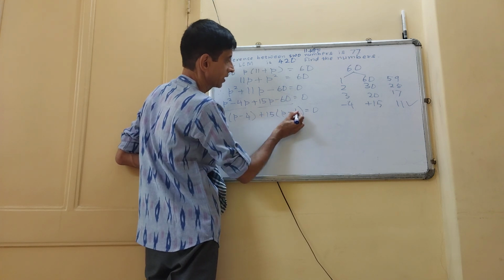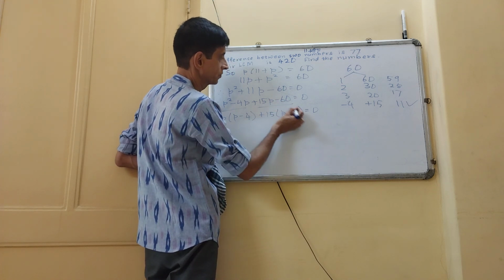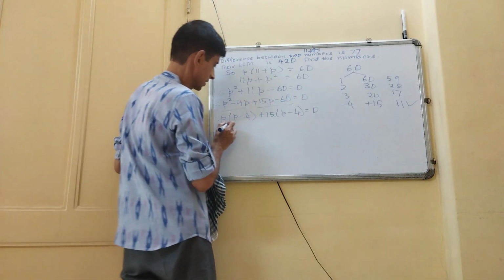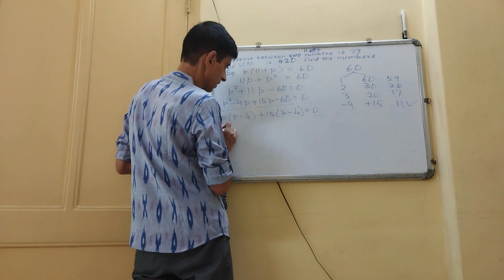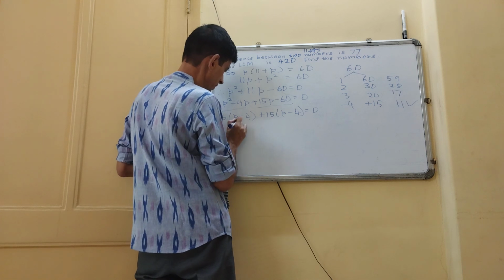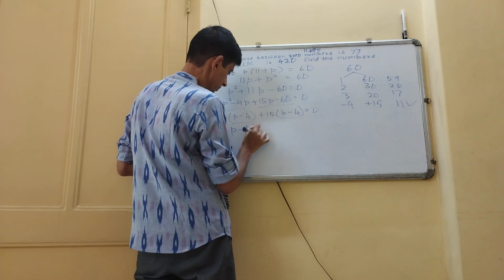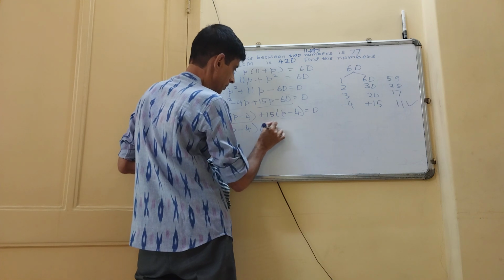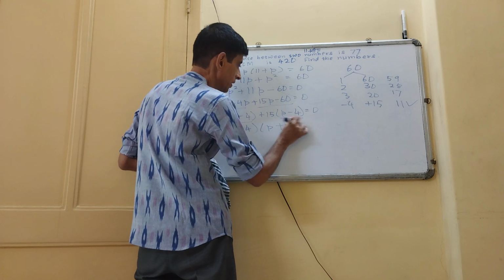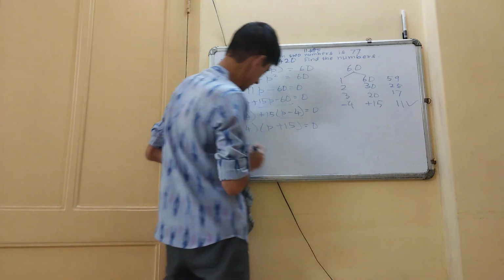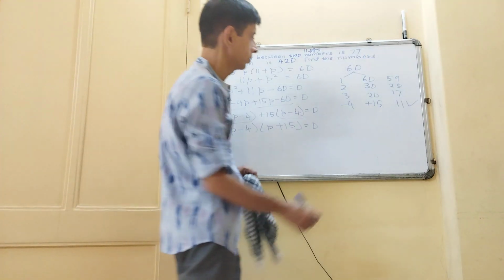Plus 15 into minus 4. So 15 4s are 60. That's what we made over here. So plus into minus is minus. Now we are almost finished with the sum, and p minus 4 we are taking common, and p plus 15. So if the product of two numbers is 0, then either the first number is 0 or the second number is 0.